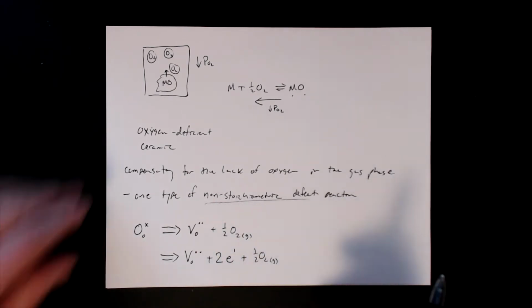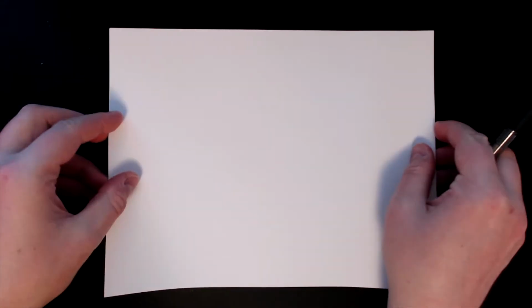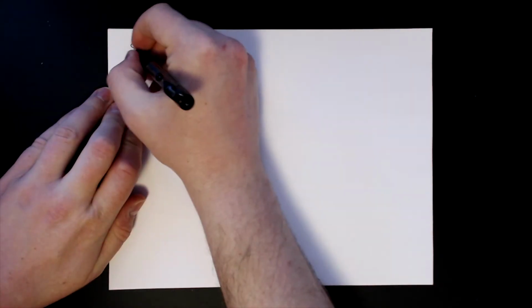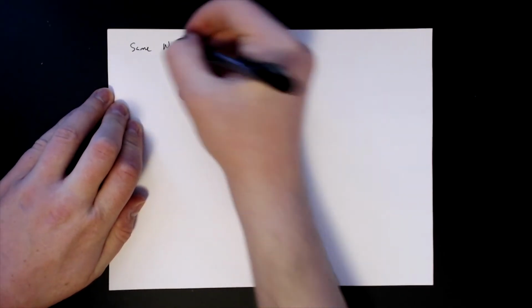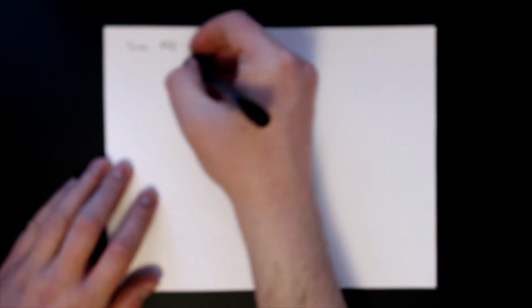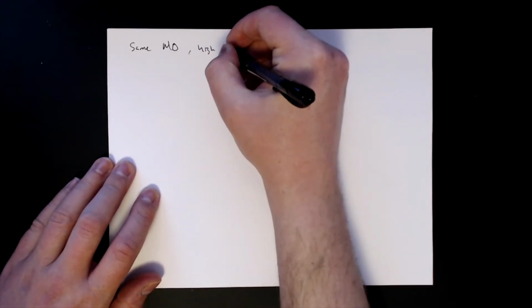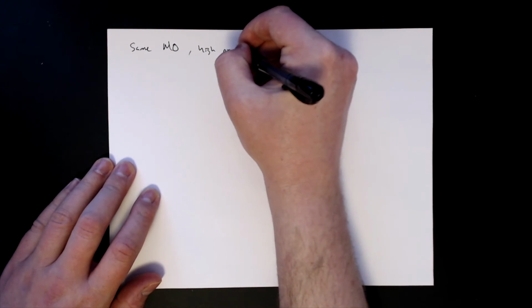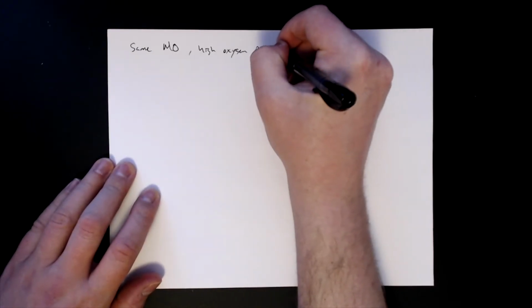So now what I want us to do is examine the other scenario. We have the same metal oxide, same MO, but in this case, we're looking at high oxygen partial pressure.